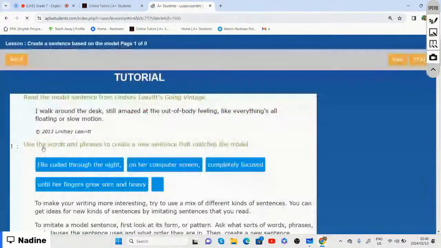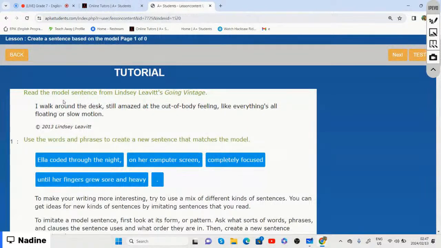So we basically said when it comes to sentence creation, we need to create a sentence based on the model, and the model sentence is a sentence that is given to us. It can be from any author, a book or whatever. And in order to create a new sentence or phrase, we need to create a sentence that matches our model sentence, and the words have been jumbled up.